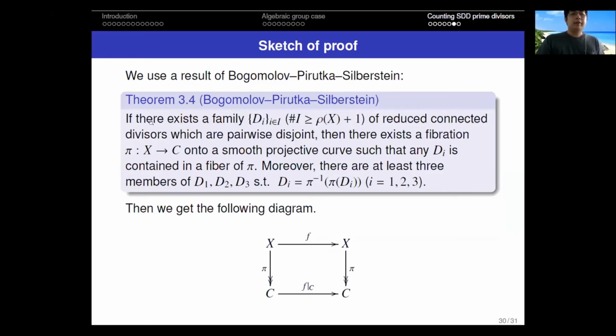They proved that if there exist primary divisors DI indexed by I, and the cardinality is larger than or equal to the Picard number plus 1, and the DI are reduced connected divisors which are pairwise disjoint, then there exists a fibration pi onto a smooth projective curve such that any DI is contained in a fiber of pi, and there are at least 3 members which form the whole of the fiber.